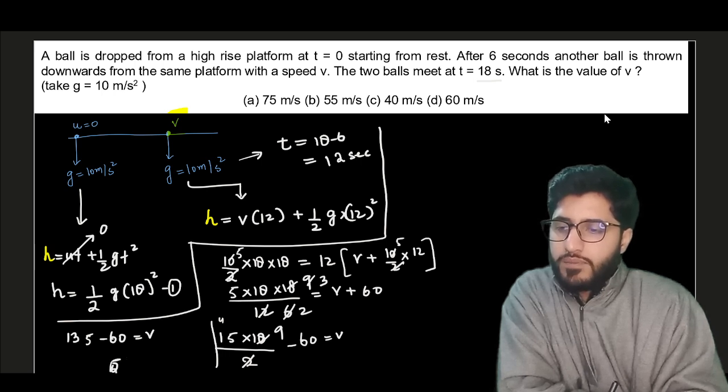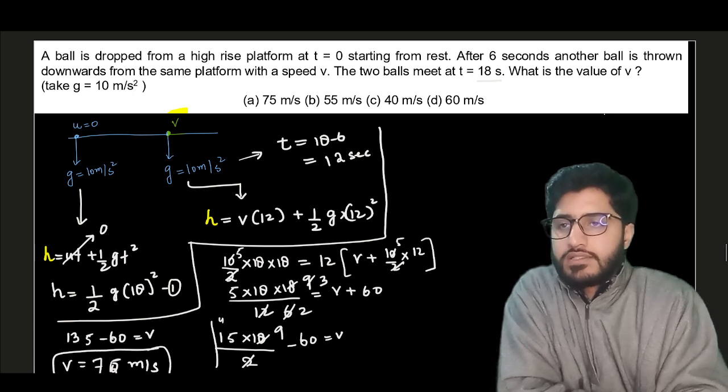And 13 minus 6, that would be 7. So v came out to be 75 meters per second. Clear? So I guess answer number 75, option A is correct.